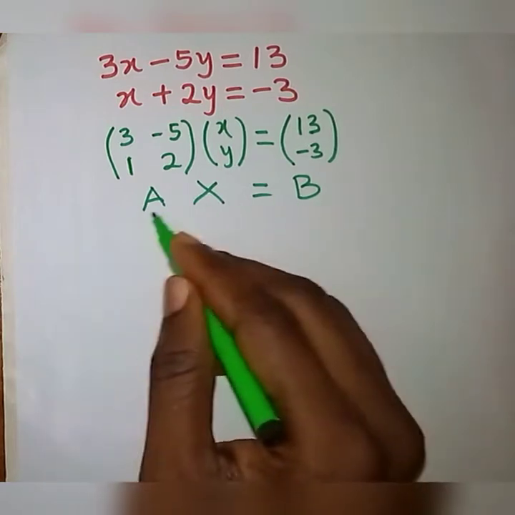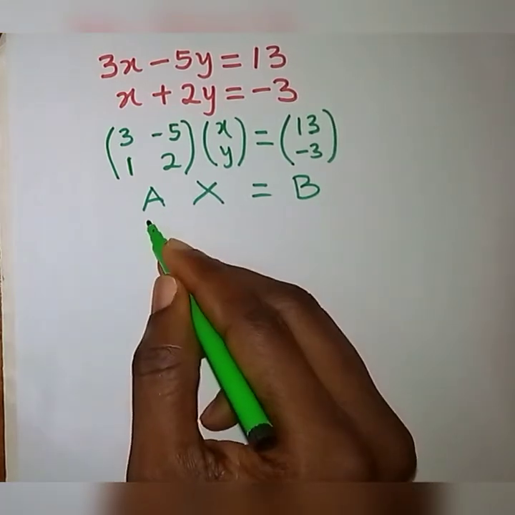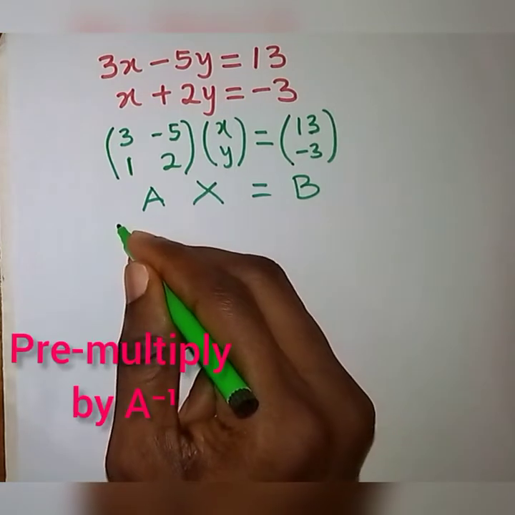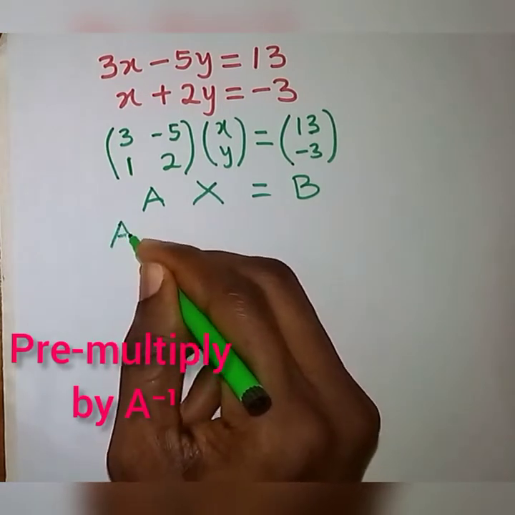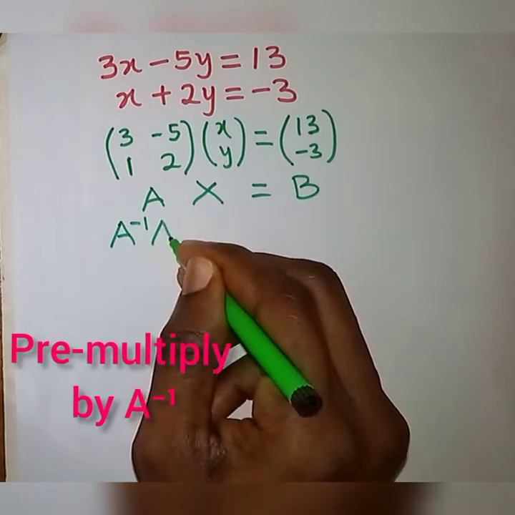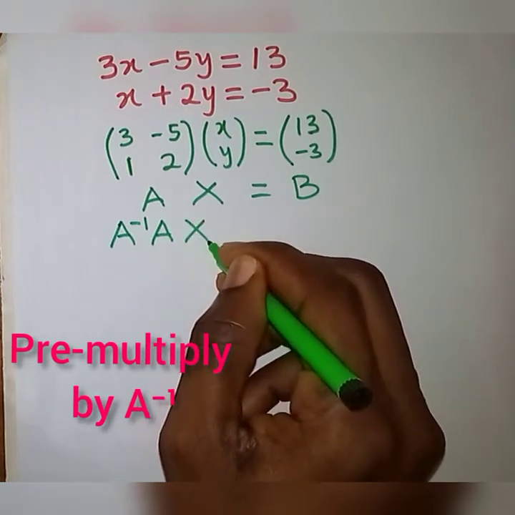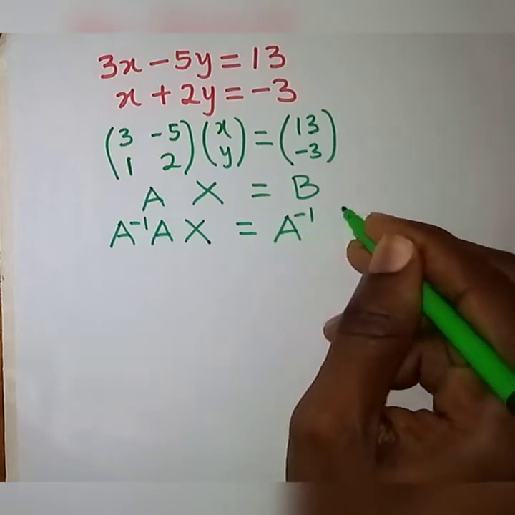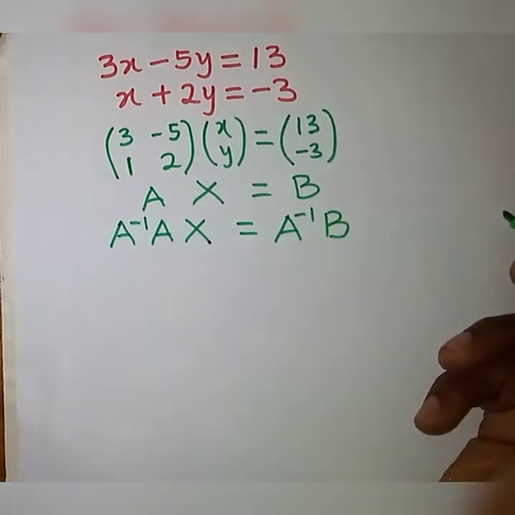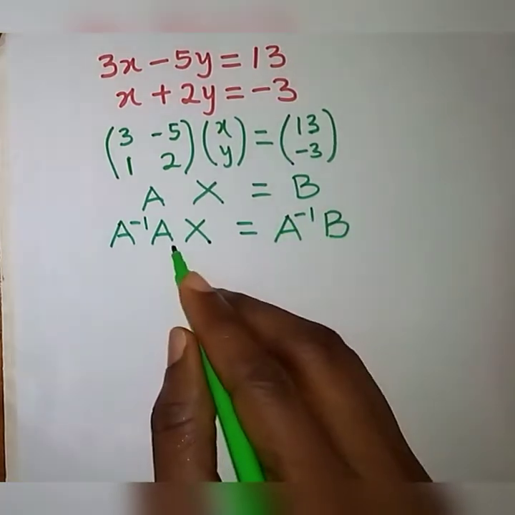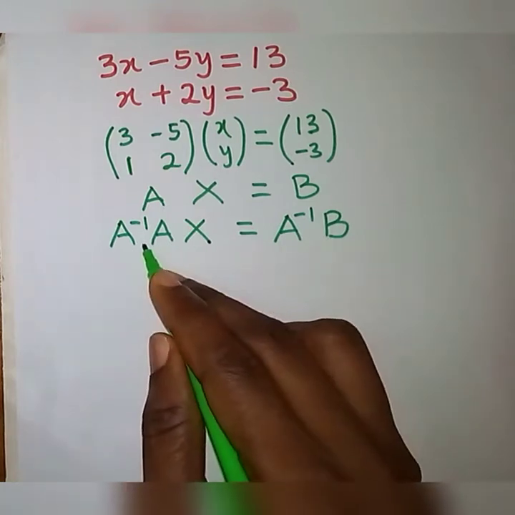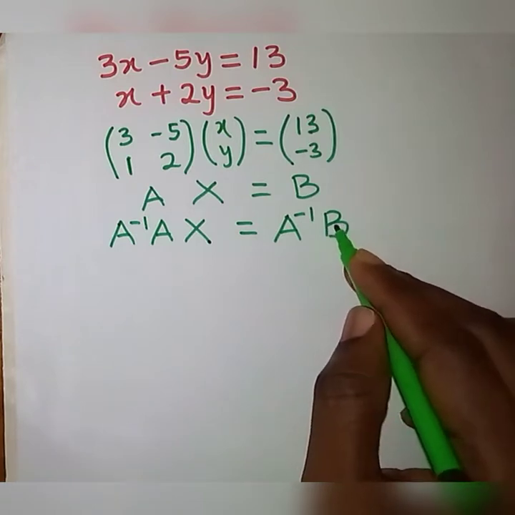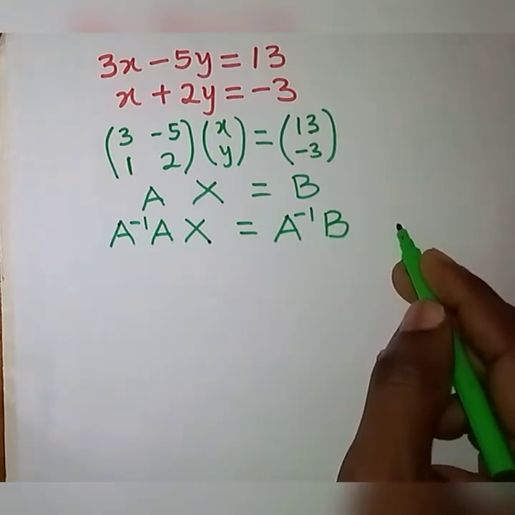Now to solve this equation, we need to pre-multiply by A inverse. So we pre-multiply, and we have A inverse times A times x equals A inverse times B. Take note that we pre-multiplied by A inverse and not post-multiplied.